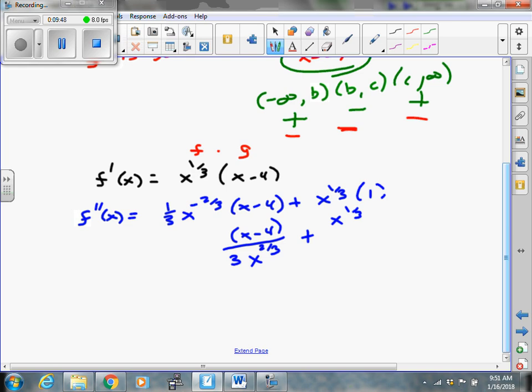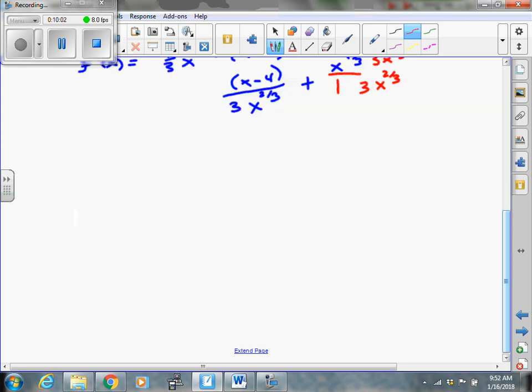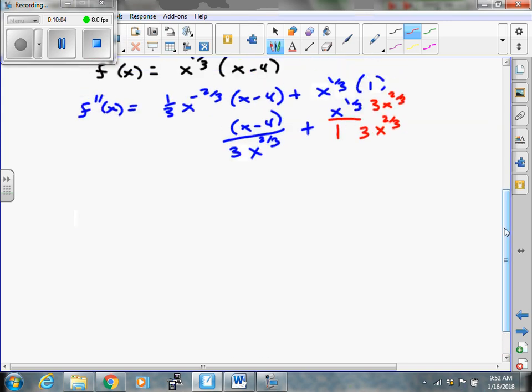I still want this to be a single fraction, so I need a common denominator. So I'm going to multiply this by 3x to the 2/3. Now that looks ugly, but calm down, because this isn't that bad. It kind of comes out in the wash if you pay attention.